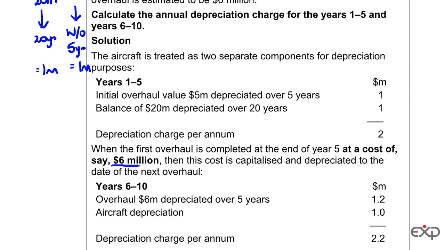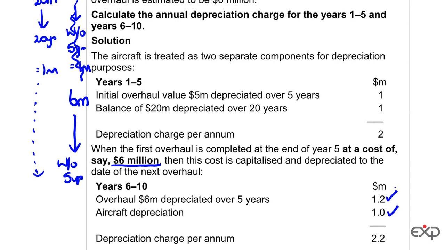You then spend money on your overhaul. And we're going to say in this example, let's say that this is 6 million. So at the end of 5 years, this has gone. We then put in 6 million and we're going to write that off over the next 5 years. Meanwhile, we're still depreciating the rest of our aeroplane over 1 year. So we've still got that over 1 year, and we've now got this 6 million being depreciated over the next 5 years at 1.2.